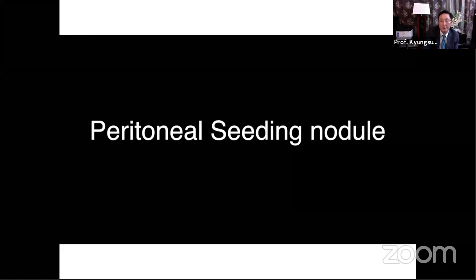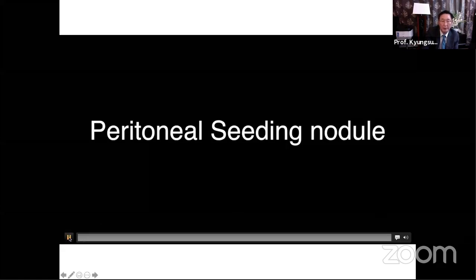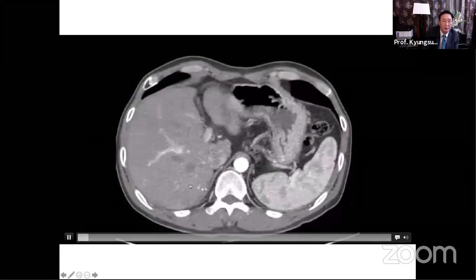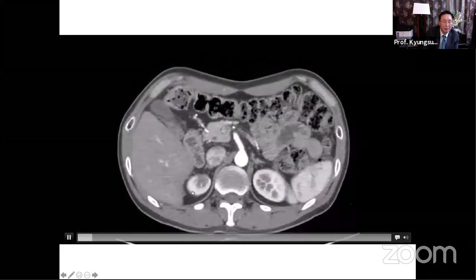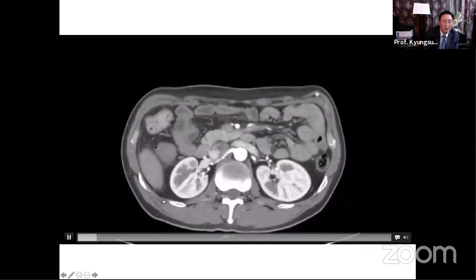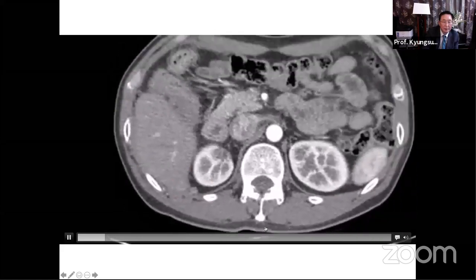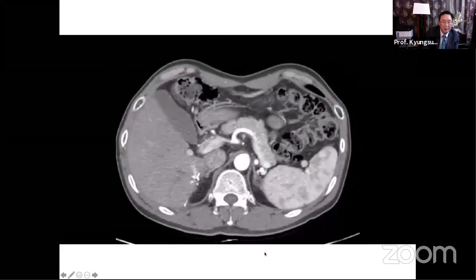And this patient actually has a drop metastasis of HCC. As you can see, this is the original tumor. TACE was done, but there was some dissection also done, and then there is a drop metastasis here. So we'd like to remove that one. But actually, it is not easy to find that kind of drop metastasis.